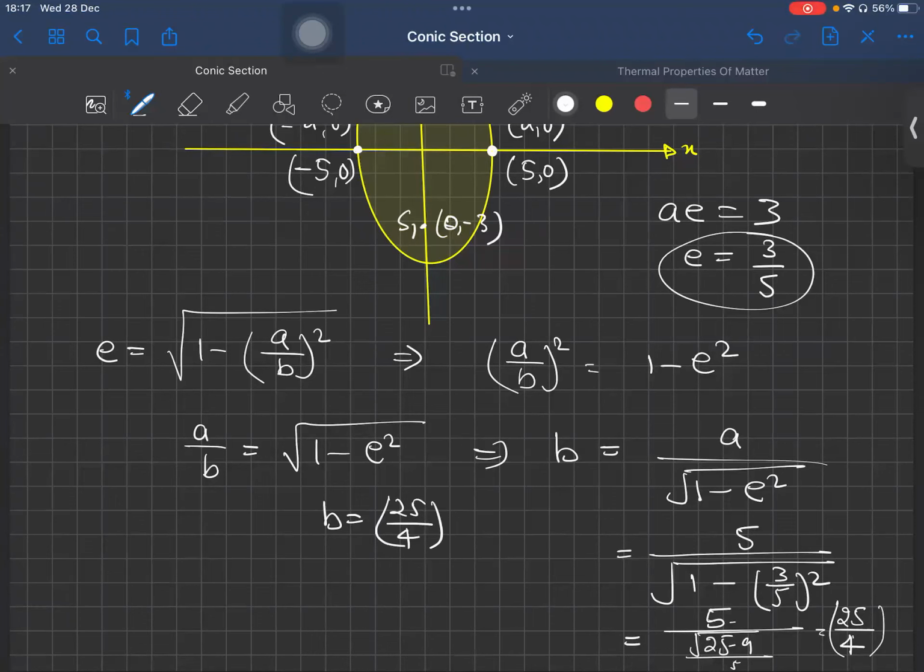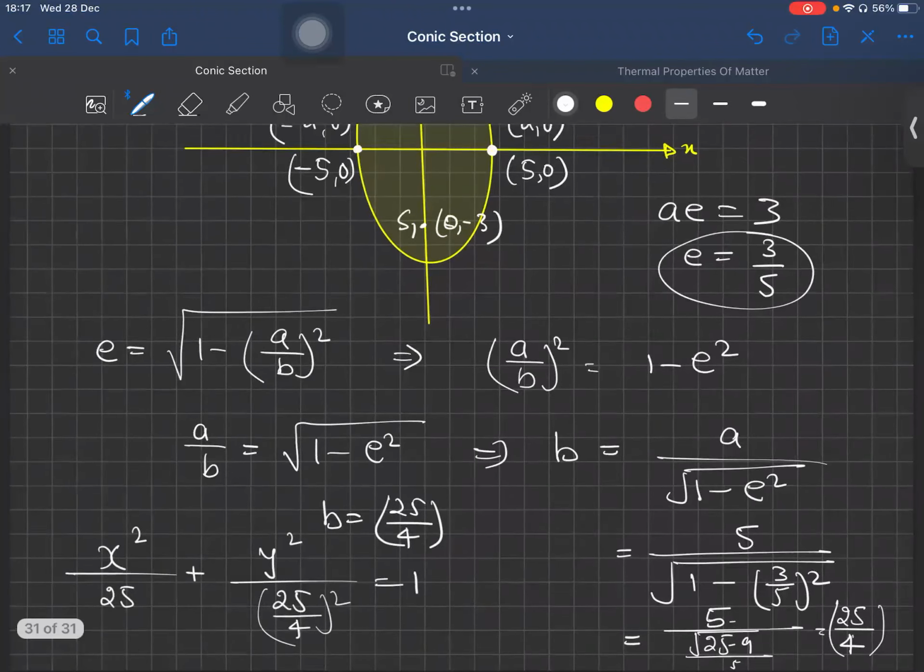So A you have got, B you have got. So the equation of ellipse will be x square upon A square, A is 5, so 5 square, plus y square upon B square, 25 upon 4 whole square, is equal to 1.